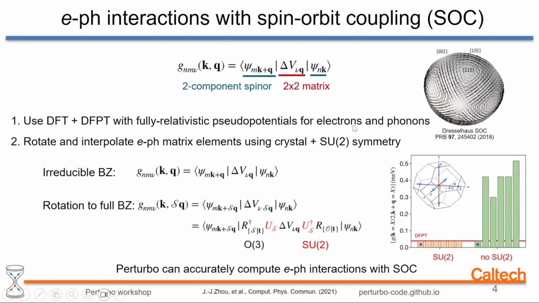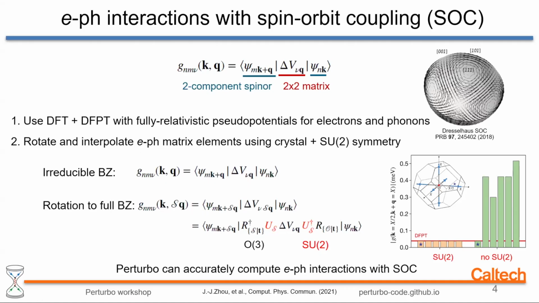And then we perform a rotation and interpolation of these electron-phonon matrix elements using crystal and SU(2) symmetry. So first, we directly compute the matrix elements in the irreducible wedge of the Brillouin zone. And then we can fold out these matrix elements using symmetry operations to the full Brillouin zone.